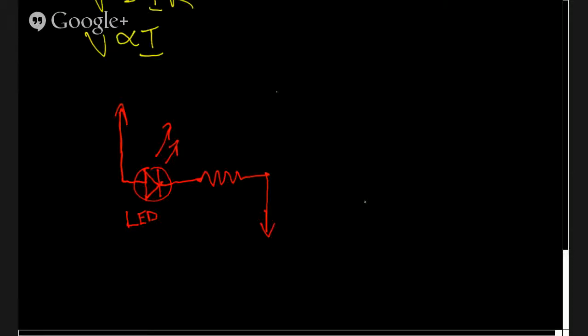So in this case, it only lets our electrons flow this way. It'll only conduct in one direction. We can also think of it as our current going this way, in the direction of the arrow.